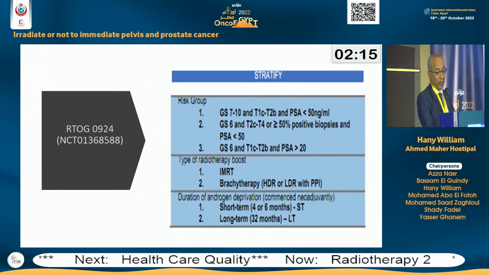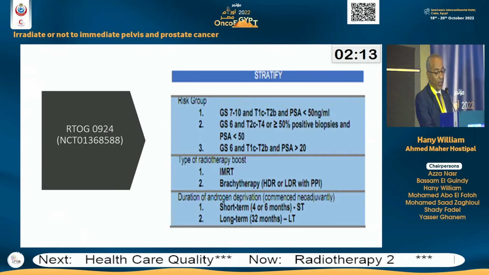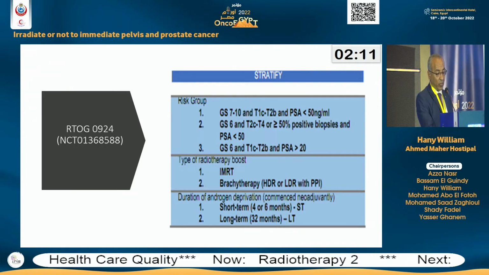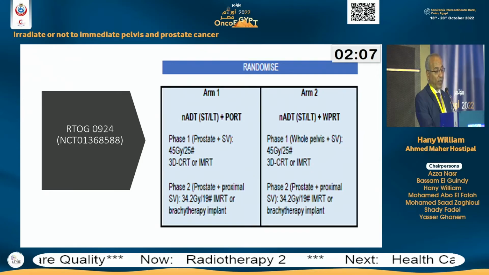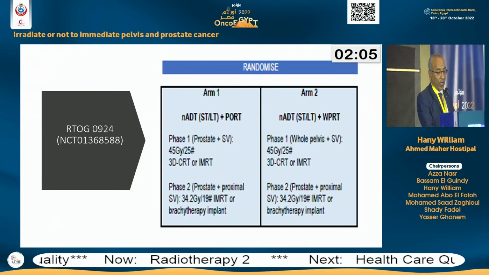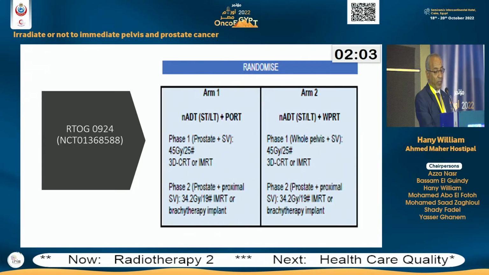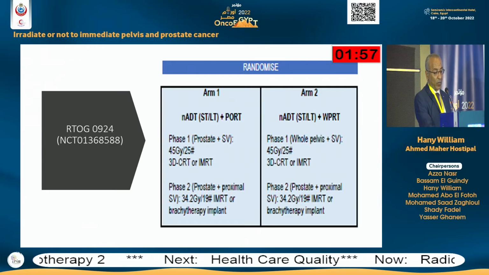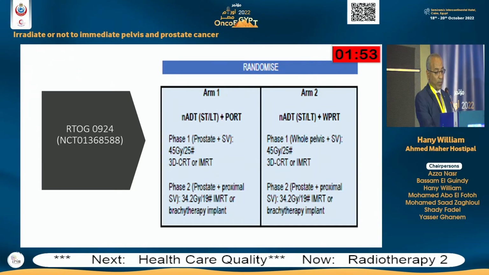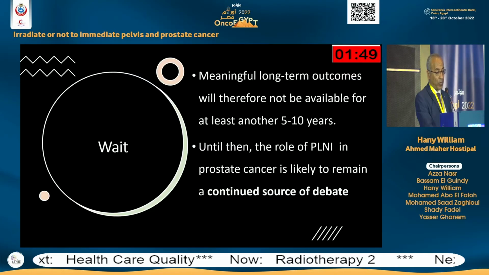Also by type of radiotherapy boost, IMRT or brachytherapy, and duration of androgen deprivation, short-term or long-term. The randomization will be arm 1, neoadjuvant androgen deprivation therapy, short or long, plus prostate only: phase 1 prostate plus seminal vesicle 45 gray, and phase 2 prostate plus proximal seminal vesicle, versus arm 2, pelvis then boost.